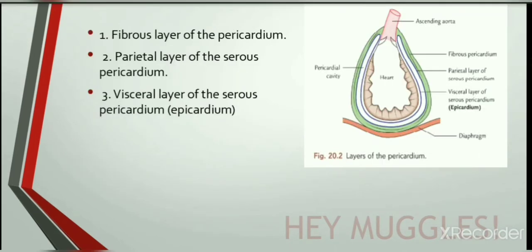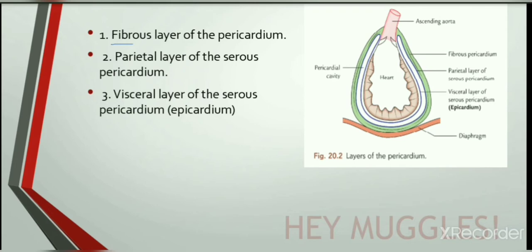So your pericardium is a fibroserous tissue. I already told you, it means that it has a serous membrane which is supported by a fibrous tissue. Your pericardium is made up of two layers. The outermost layer is your fibrous layer. In this picture you can see the structure in green is your fibrous pericardium.